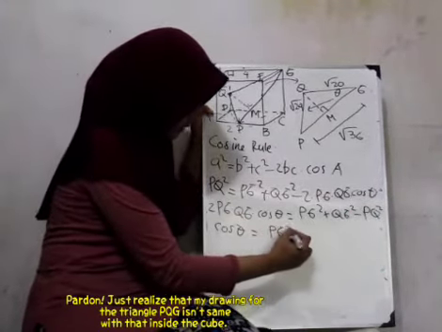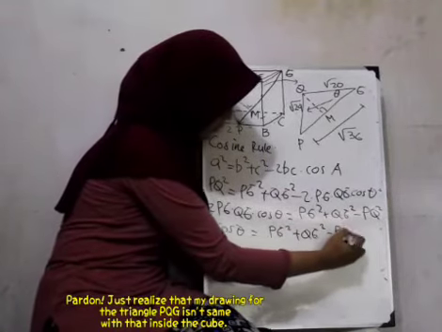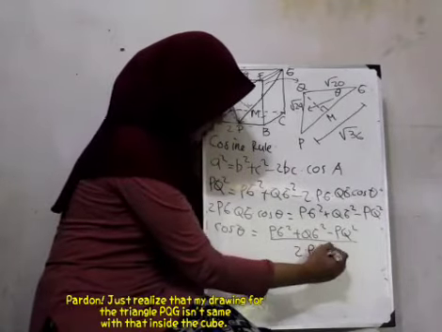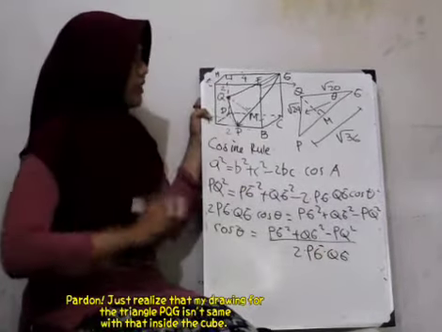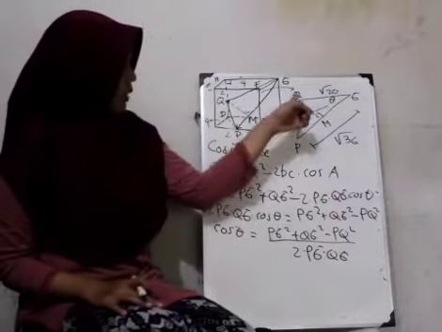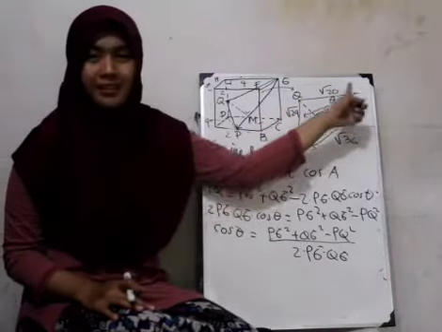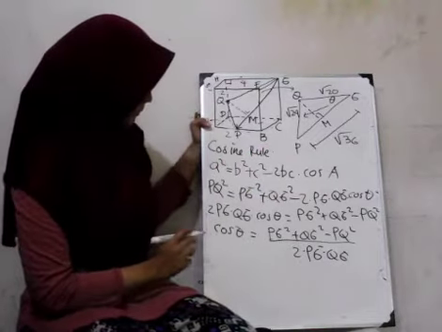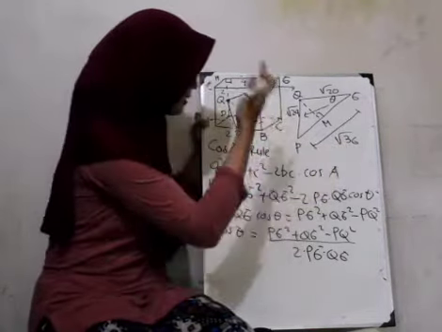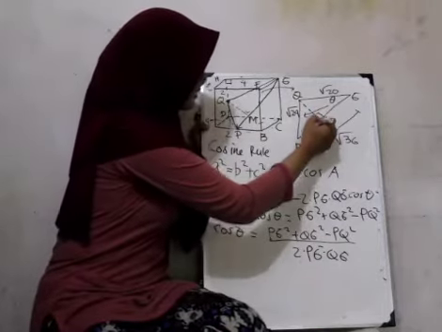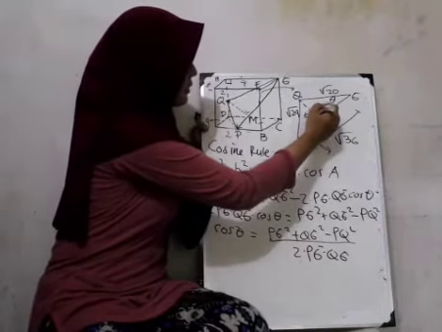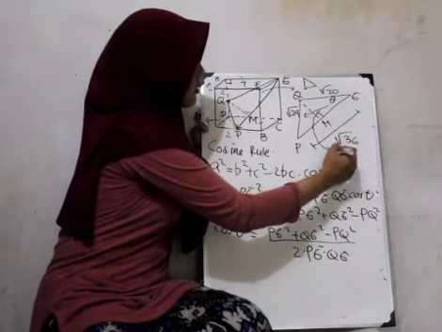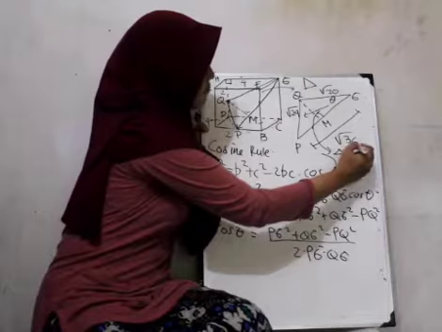Get it? Anyway, we have the right triangle here. Of course we also get, in this triangle MQG, cos theta.